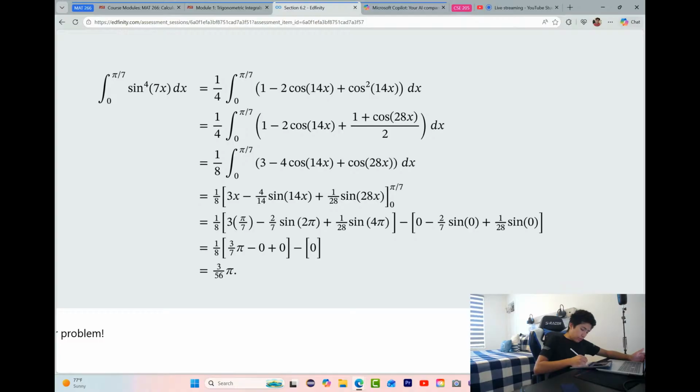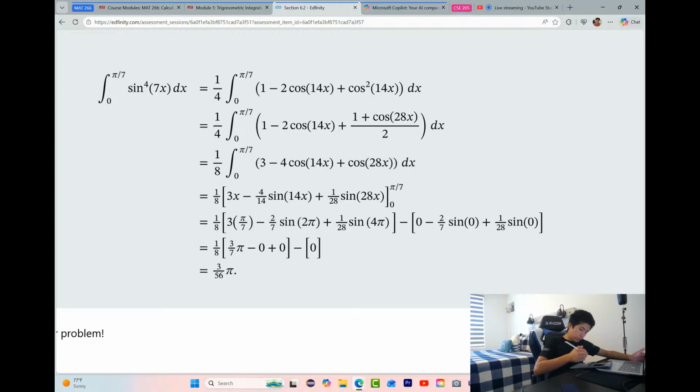So we have 1/8 times, so the antiderivative of 3 in terms of x is 3x. Oh, hold on. Well, okay, so I'll just write it down here. So we have a 3x minus 4 sine of 8x over 8, right, yeah, plus sine of 16x over 16.